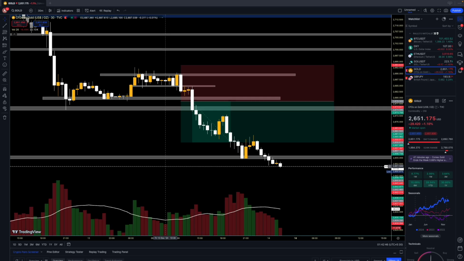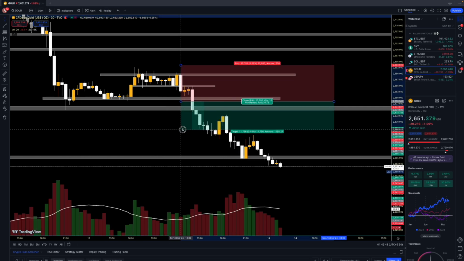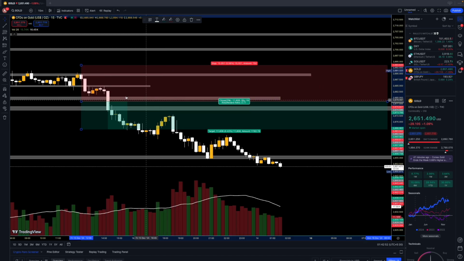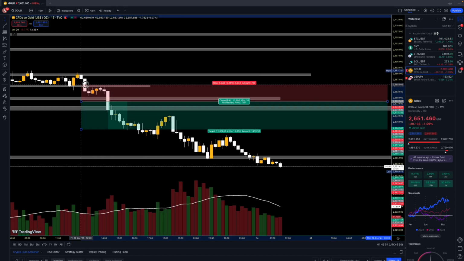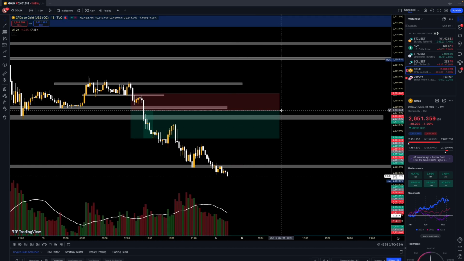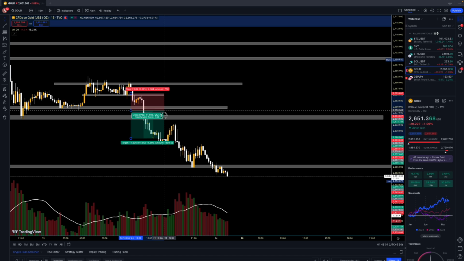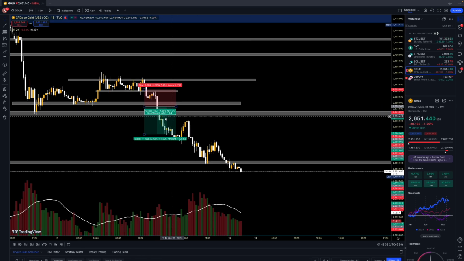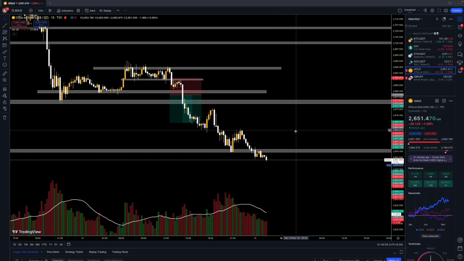Let's see in the 30-minute, and my stop loss was around here. I just captured a chunk of a movement, not much. It was a 1.5 hour trade.